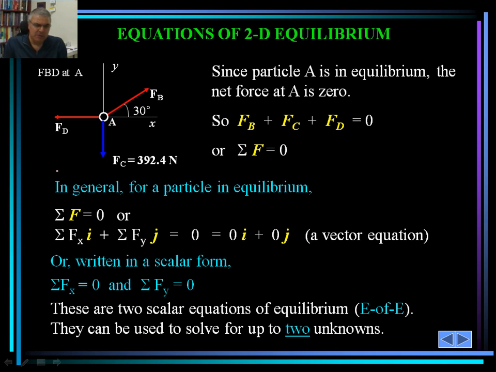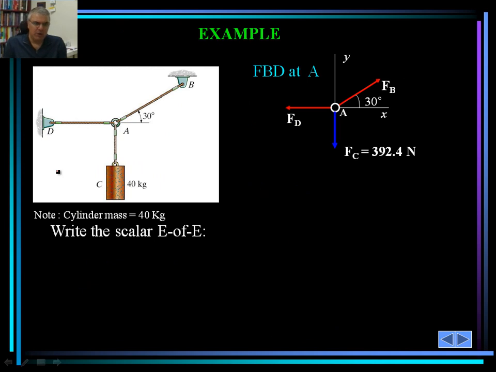Again, these are the equations for equilibrium, and they can be expressed both in vector and in scalar form. We can solve these for the two unknowns that we have and calculate F sub B and F sub D accordingly. So let's take a look at this example.